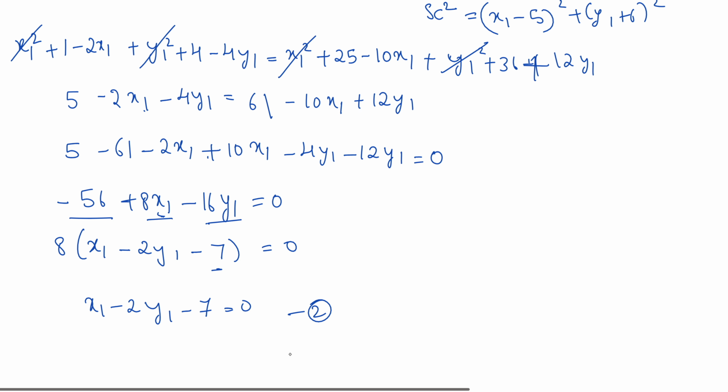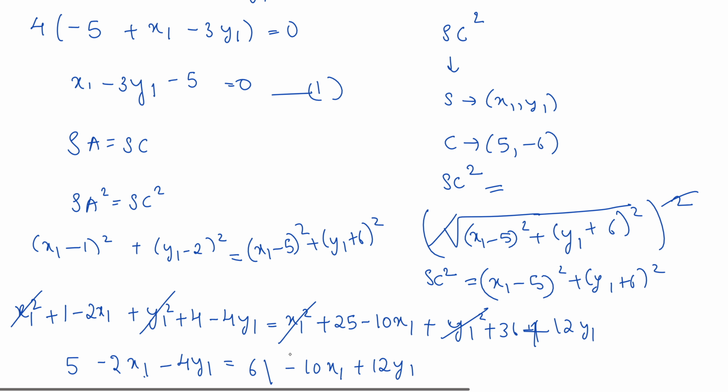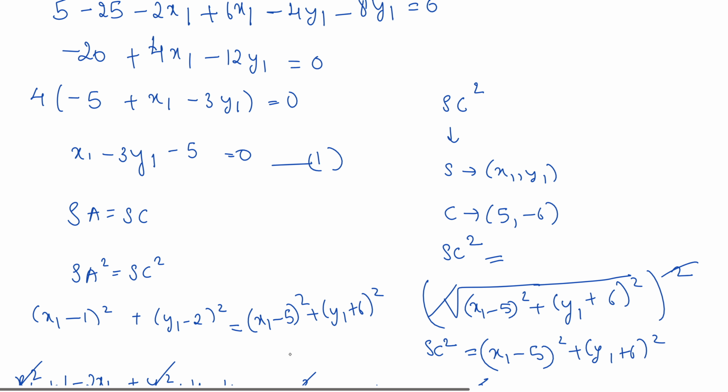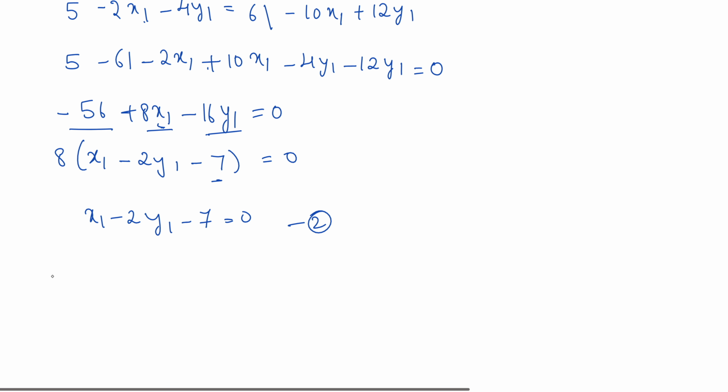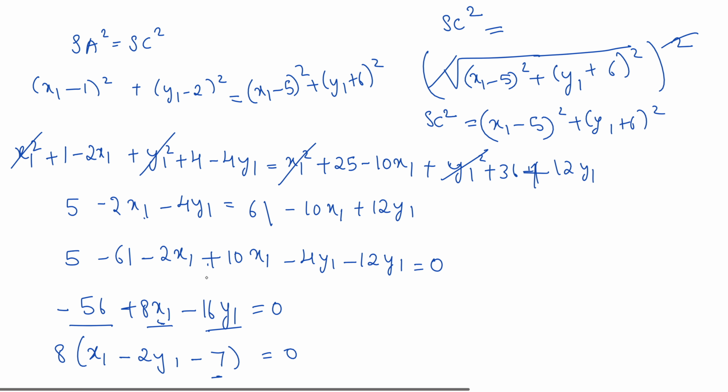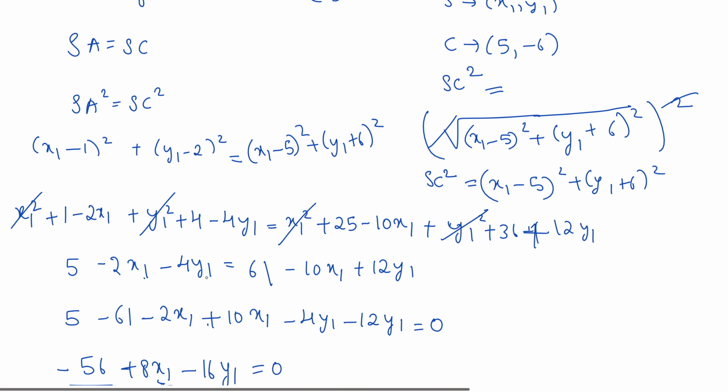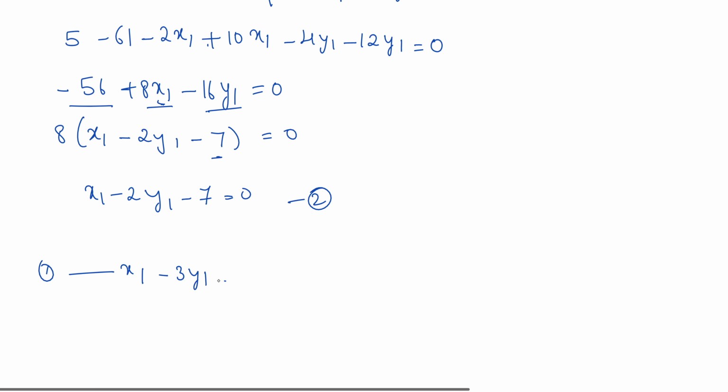Now let's solve the first and second equations. Our first equation is x1 minus 3y1 minus 5 is equal to 0.